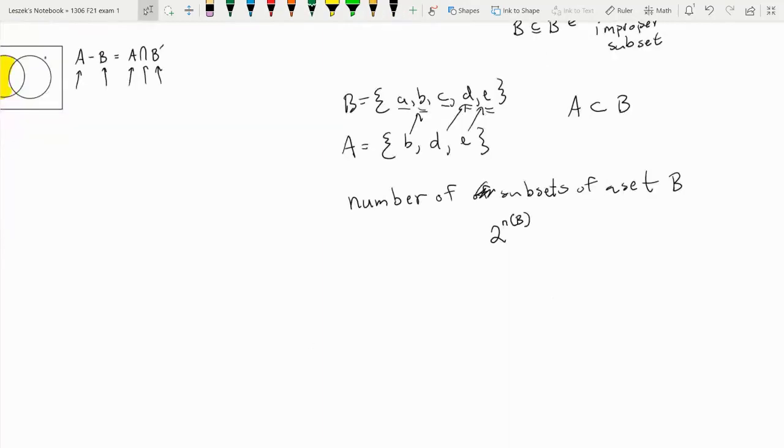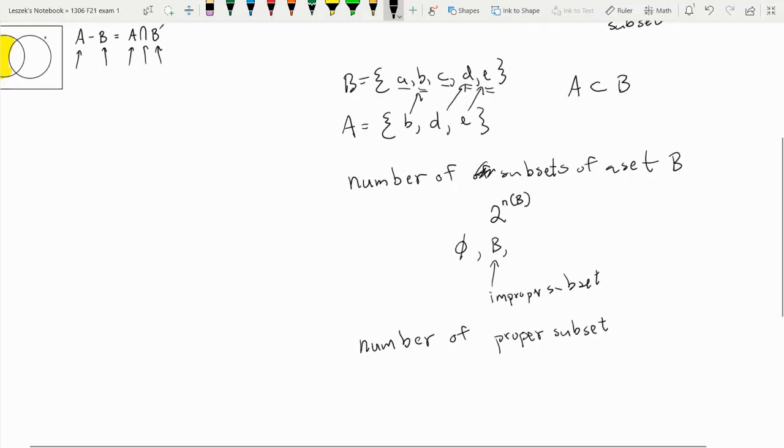And this includes the empty set and the set itself, which is considered an improper subset. So if they ask you instead for the number of proper subsets, all that means is that we want to exclude B, because that's just a silly subset. Everything in B is also in B. That's kind of silly to say even.